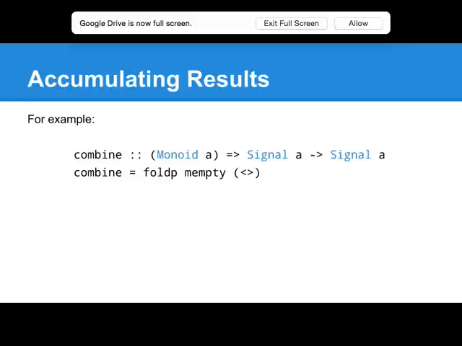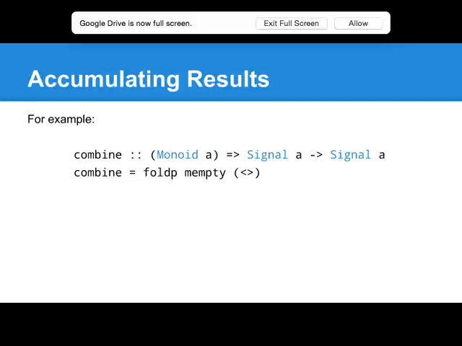I just continually combine the values that came in with the current value, the latest value, using the binary operation given by the monoid. So in the case that I described, you're going to have numbers coming in, and the result signal is going to be the maximum value seen so far.